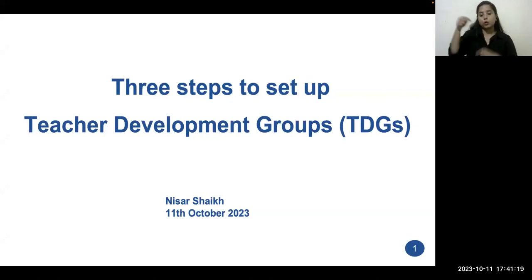Today, we are also going to take responsibility for our professional development through this session on teacher development. Before diving deep, let's take a quick review of today's objectives.